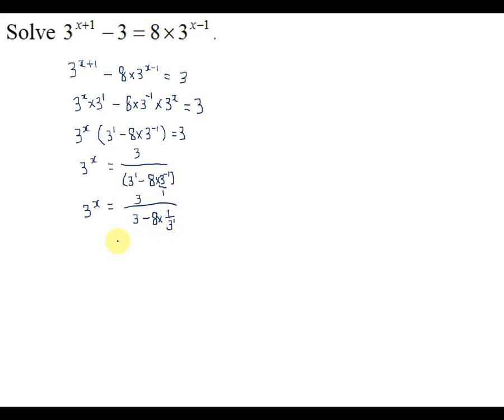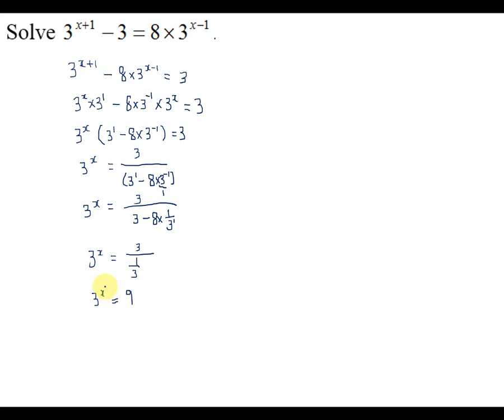So it's like this. You can see that it equals some value. Let's work out what this is. So this is 1/3. 3 divided by 1/3 will be equal to 9.